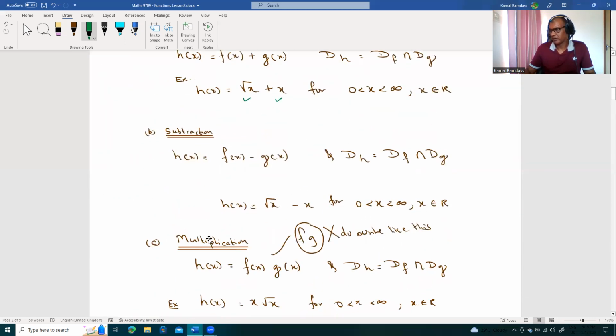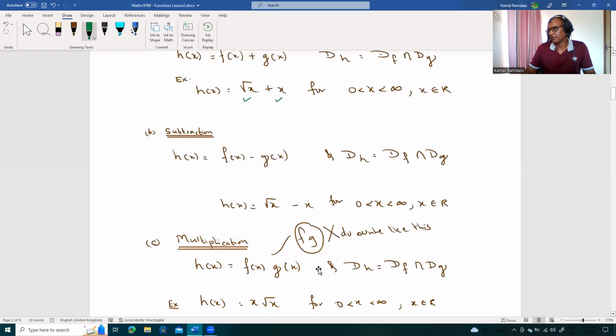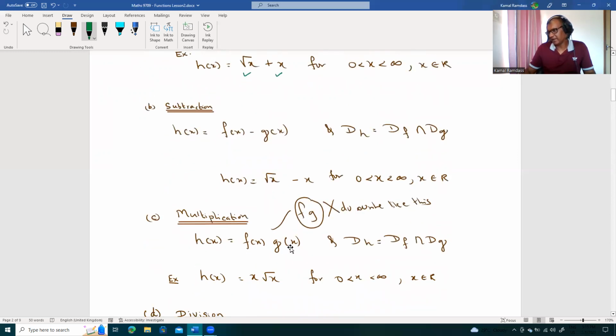Subtraction, nous prenons une expression, nous retirons l'autre expression, and the domain is the intersection of the two domains. Multiplication, f of x times g of x, et the domain is the intersection of the two domains. Et imaginez bien que nous ne pouvons pas écrire comme ça fg, OK? Parce que fg, c'est une composite function.